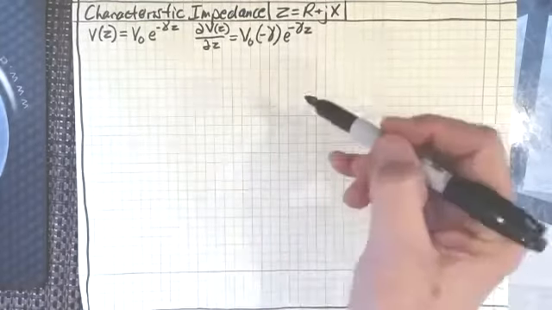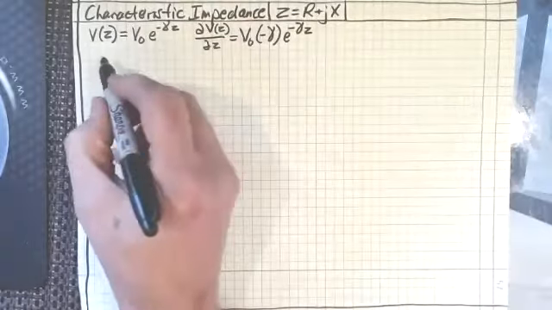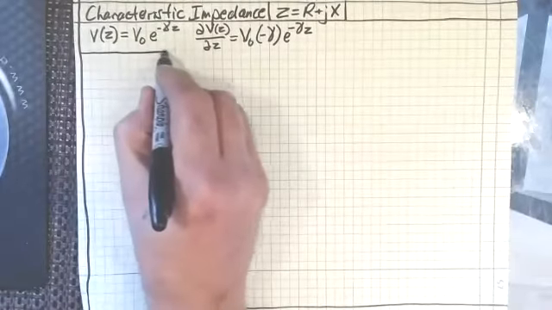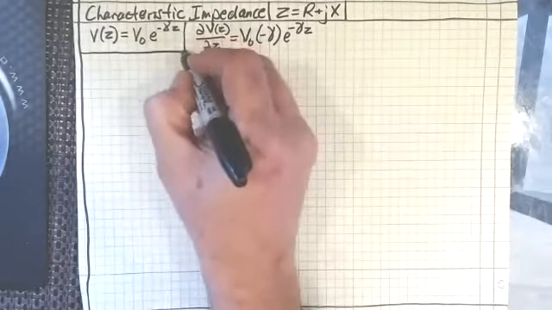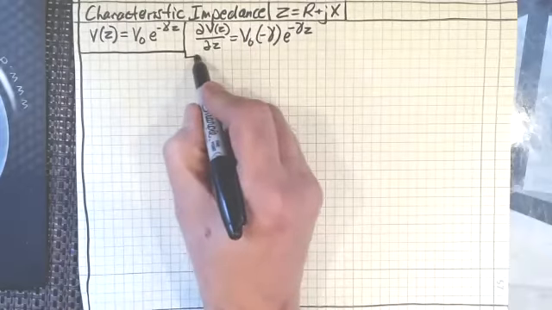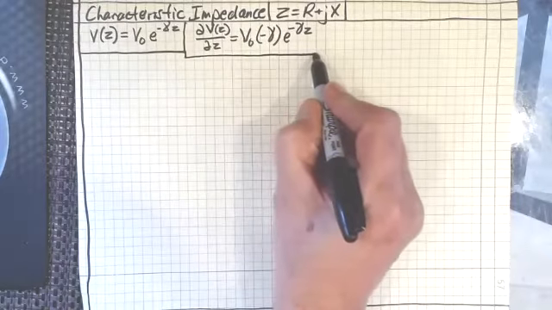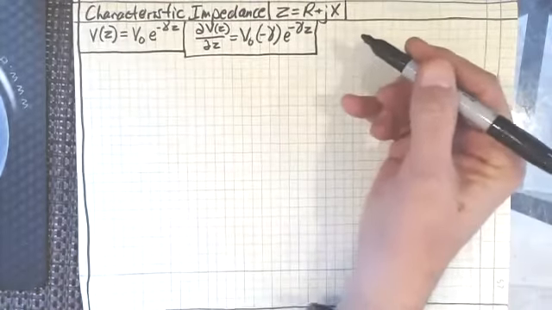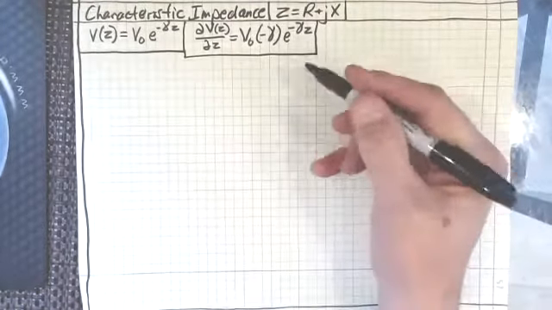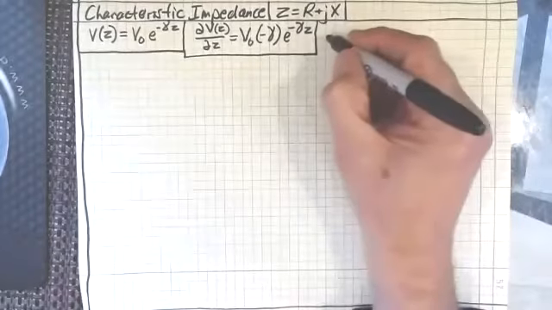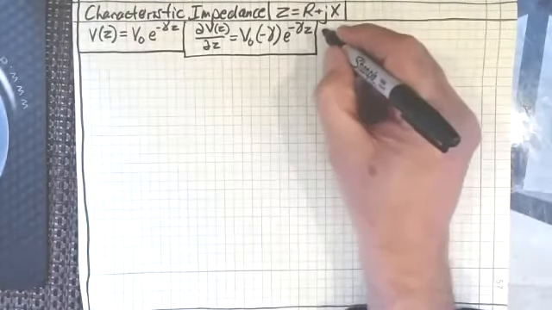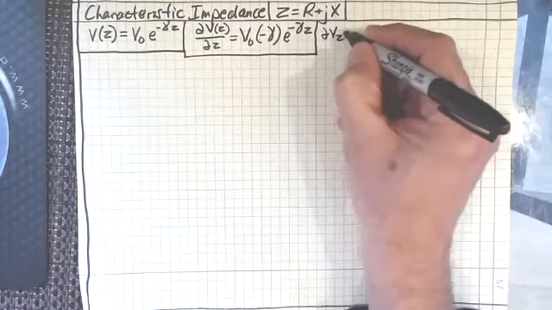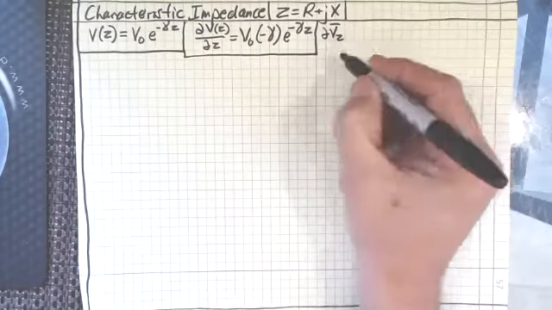But let's go back, and I'm going to just encircle these. Because, excuse me, fourth lecture of the day, I want to write down the two telegrapher's equations, right?